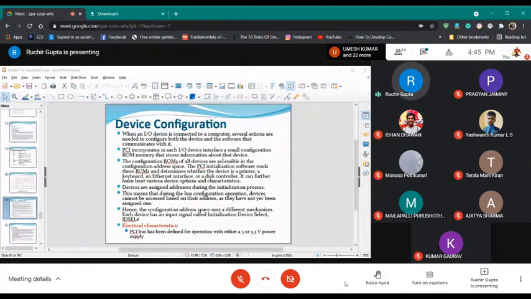And then addresses have to be assigned. Generally, you push an address onto the address buses, but here it is slightly different. It happens through signals.